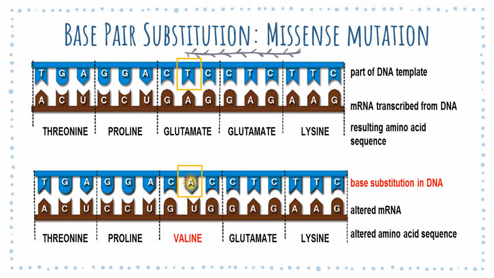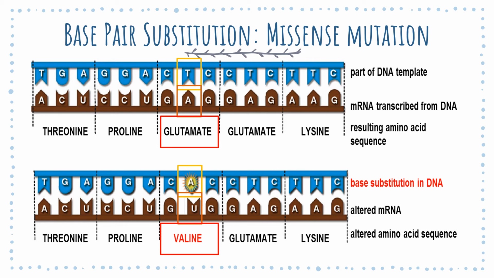In the example, you can see that thymine, or T, was replaced with adenine, or A. Because of this base pair substitution, the resulting mRNA is different. Instead of adenine, uracil is transcribed. Because of this change in the mRNA sequence, the resulting amino acid is also changed. From glutamate, it becomes valine.